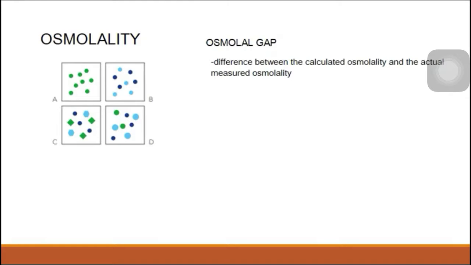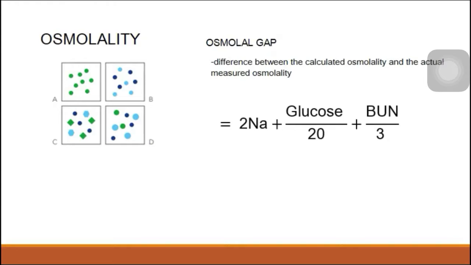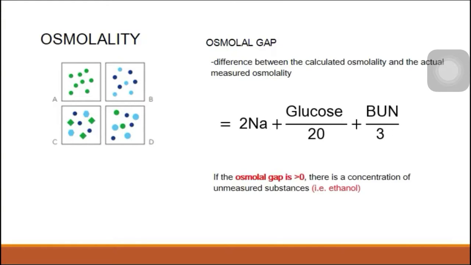The formula for calculated plasma osmolality is 2 sodium, or 1.8 sodium, plus glucose over 20 plus BUN over 3, or that's glucose over 18 plus BUN over 2.8. Now remember, if the osmolar gap is greater than 0, there is an indication of abnormal concentration of unmeasured substances, typically ethanol in the blood.